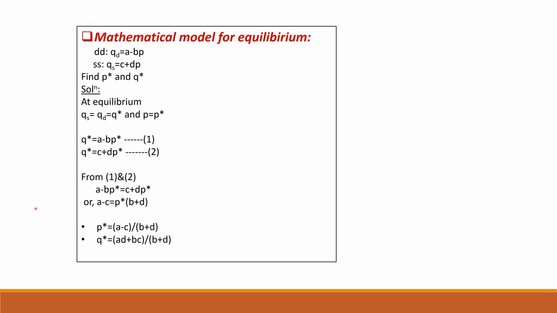Now let's move to the mathematical model for equilibrium. We usually represent demand and supply using linear equations. We can find here that the demand curve is represented by the equation QD is equal to A minus BP, where B is the slope of the demand curve, and the supply curve is represented by the equation QS is equal to C plus DP, where D is the slope of the supply curve. From this we can find P star and Q star. At equilibrium, QS is equal to QD is equal to Q star and P is equal to P star.